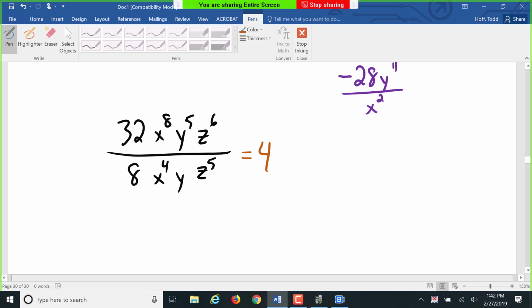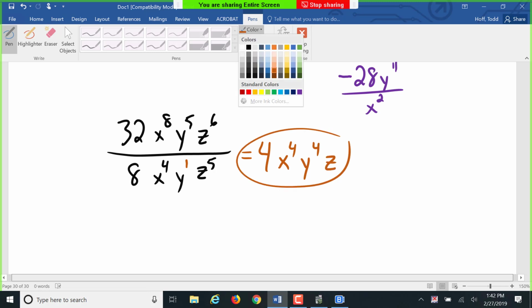X to the 8th divided by x to the 4th? X to the 4th. Y to the 5th divided by y? Y to the 4th. Good. Remember, that's y to the 1, so 5 minus 1 is 4. And z to the 6th divided by z to the 5th? Just z. Remember, 6 minus 5 is 1, so z to the 1 or just z.